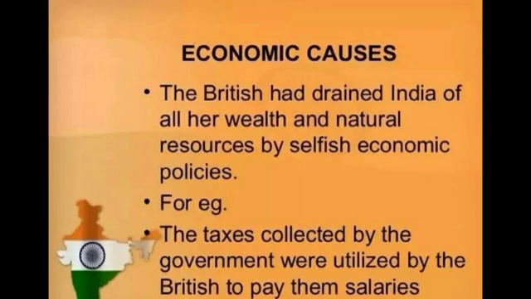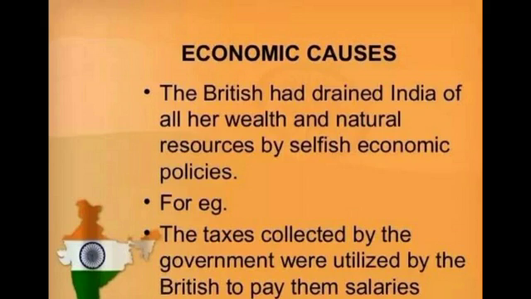So our next topic is discontent among the Indians. Once the British were firmly established in India, they exploited the farmers, traders, craftsmen, and the rulers of the local kingdoms. The farmers were made to pay very high taxes, and even during floods and droughts, the farmers had to pay their share of taxes.